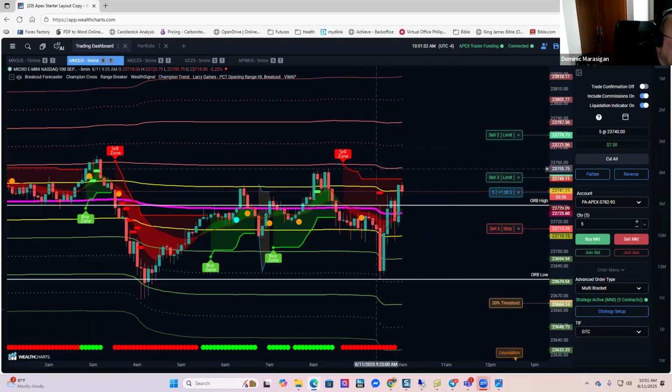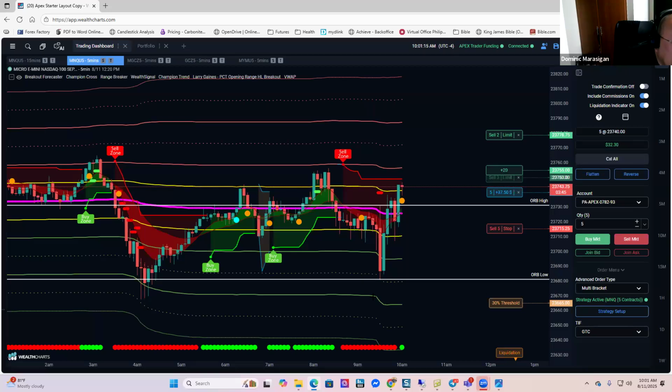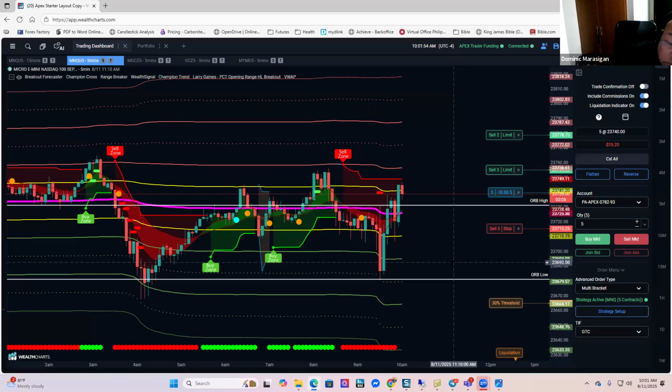I might move the first target up to maybe the +1, which is around right there, not right at it, but maybe right there. 55.25. Buy order, I'm filled. Adding.